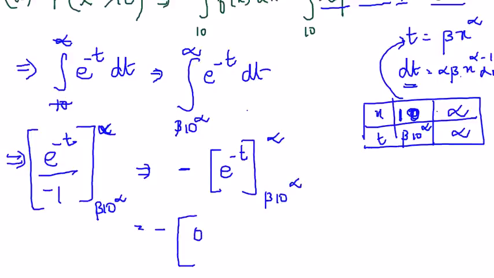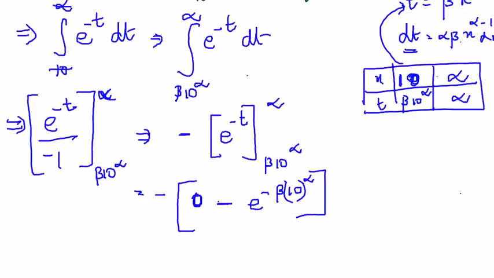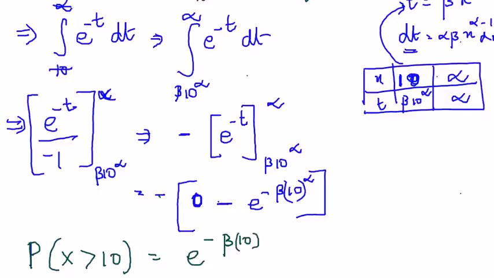Upper limit is done. Lower limit is e power minus beta 10 power alpha, right? And this is only for 10, of course. So you can just write the final answer as probability of x greater than 10 is equal to, minus into minus is plus, so you can straight away write it as e power minus beta into 10 power alpha.